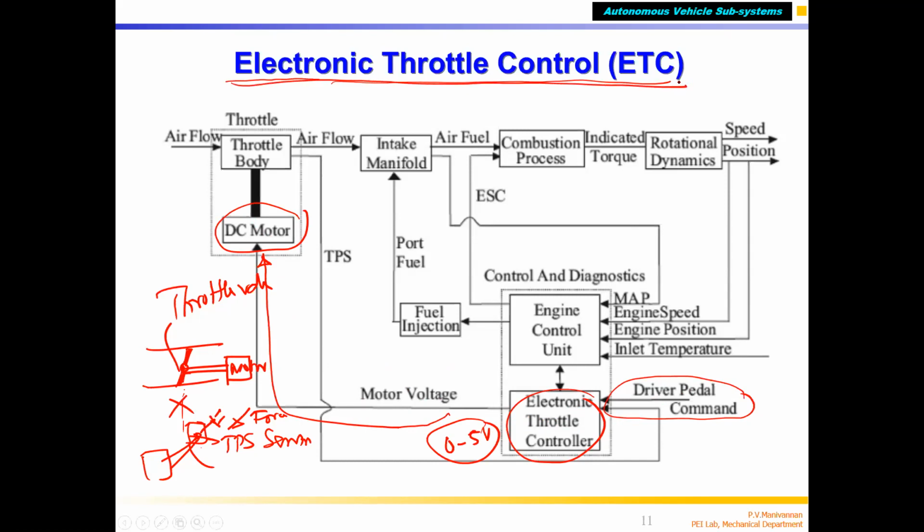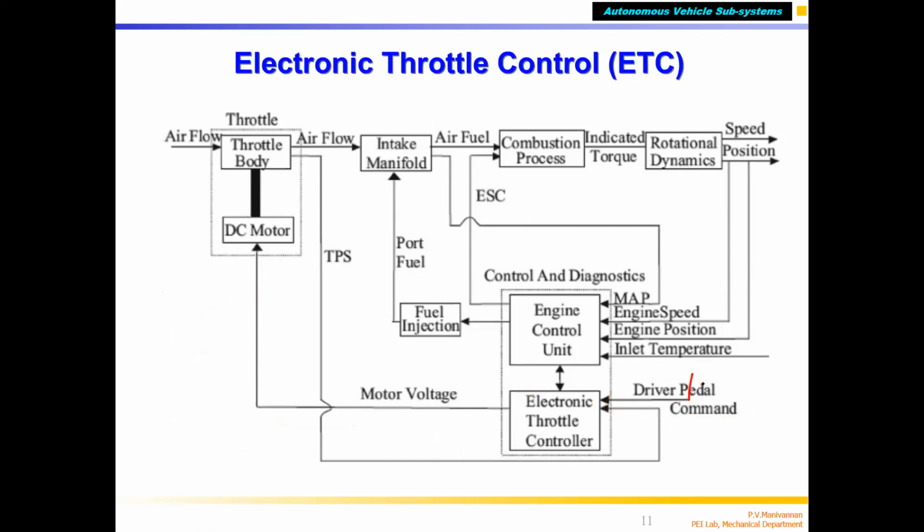In many units, the throttle is not connected like this; there is one configuration, and the other one is like this. When the throttle pedal is pressed, force is applied, the TPS sensor generates 0 to 5 volts, and this voltage is given to the ECU. This electronic control unit measures the voltage and generates the control signal.